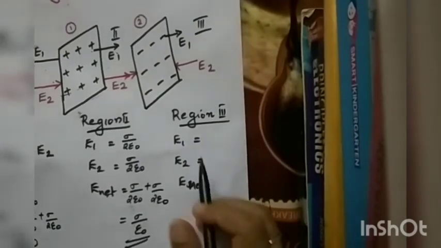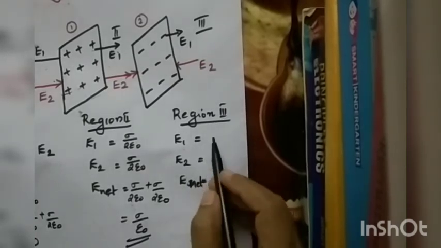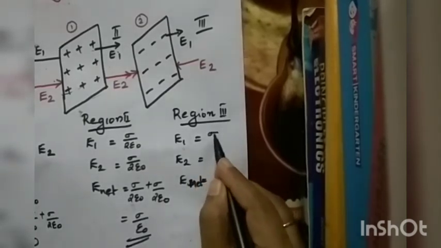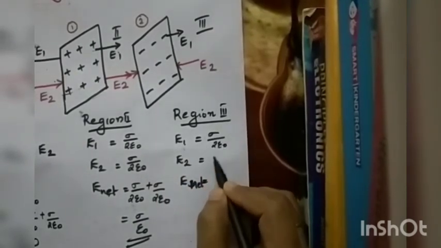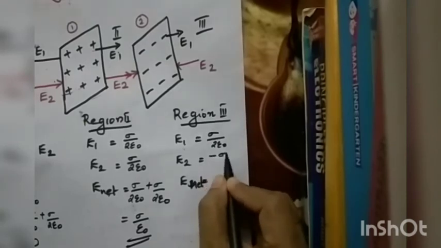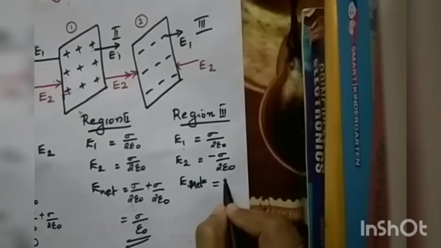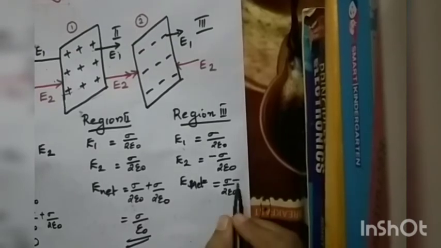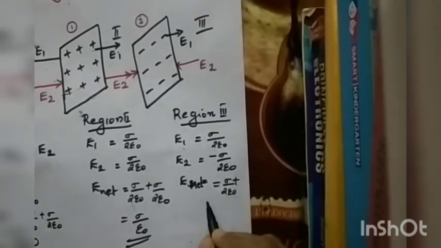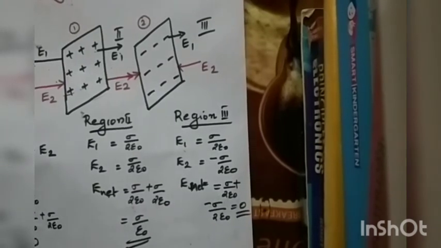Similarly, find the electric field in region 3. Here E1 acts along the positive x-axis, so sigma by 2 epsilon naught. But E2 is along the negative x-axis, so it is minus sigma by 2 epsilon naught. The net electric field is sigma by 2 epsilon naught plus minus sigma by 2 epsilon naught, equal to 0.